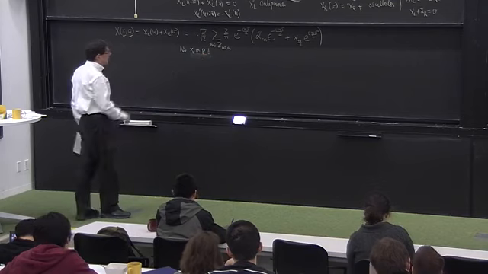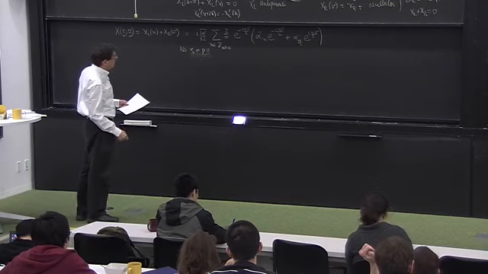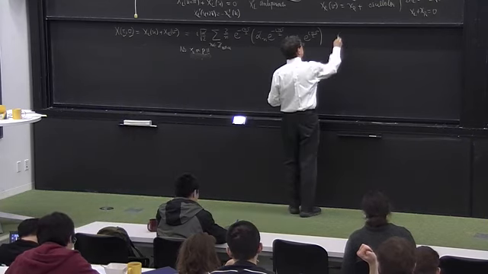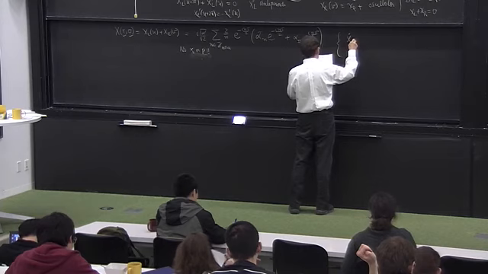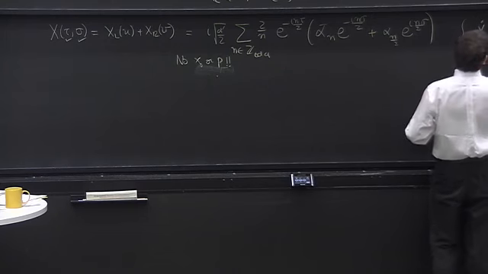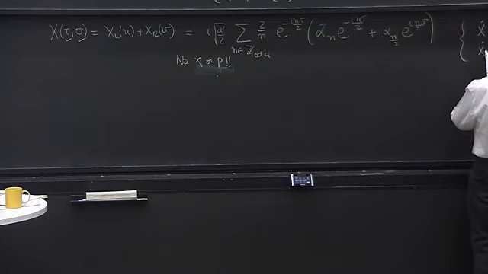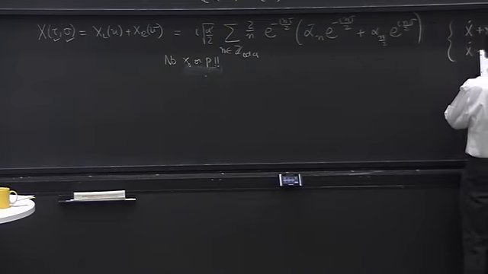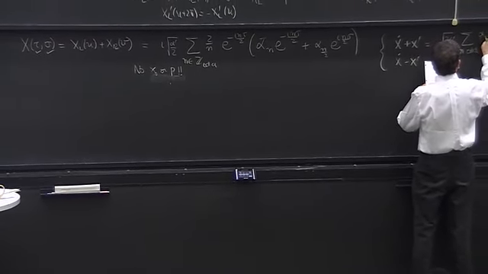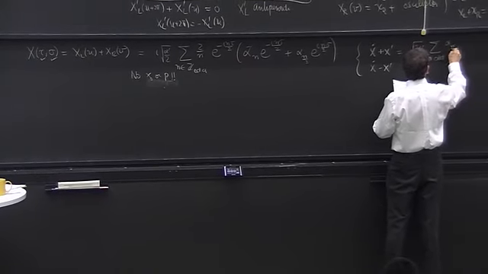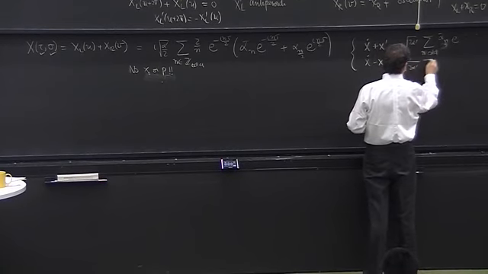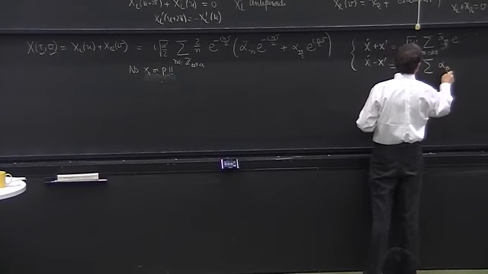Now, if you take your expansions here and do the same thing we used to do before, calculate x dot plus x prime and x dot minus x prime, we get the same thing as usual. 2 alpha prime sum over n odd this time, alpha bar n over 2, e to the, all these things, and 2 alpha prime sum alpha n over 2.